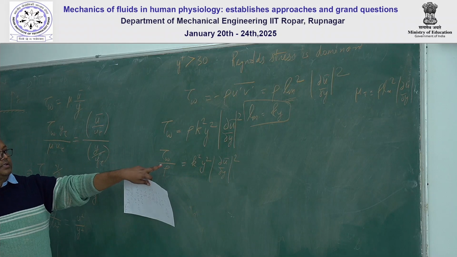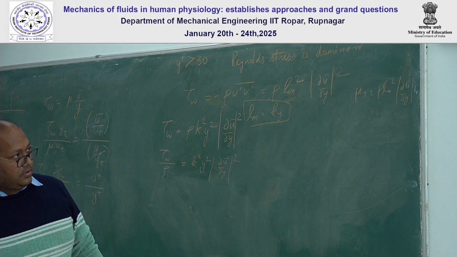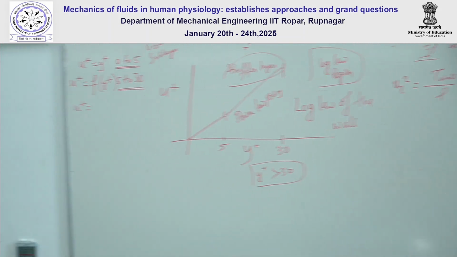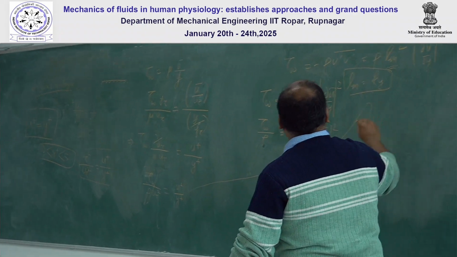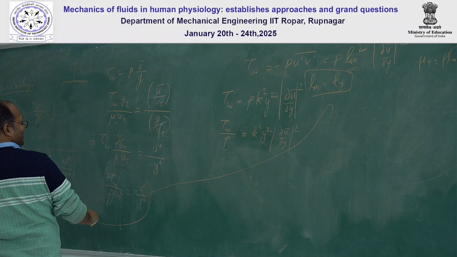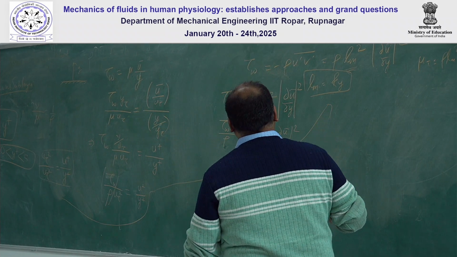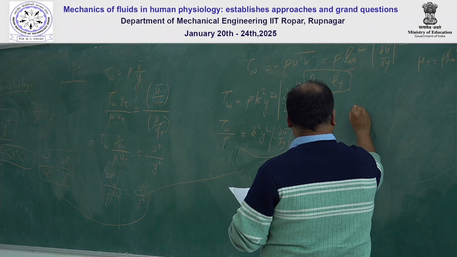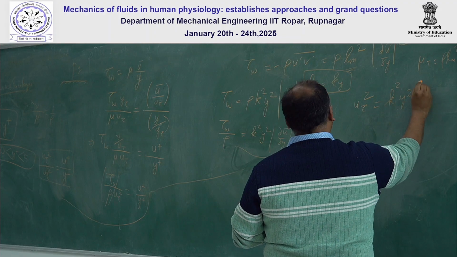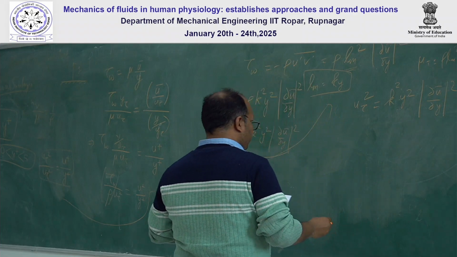Now please remember that the wall shear stress divided by rho is the square of the friction velocity. So tau w by rho is u tau squared, equal to k squared y squared (del u bar by del y) squared.